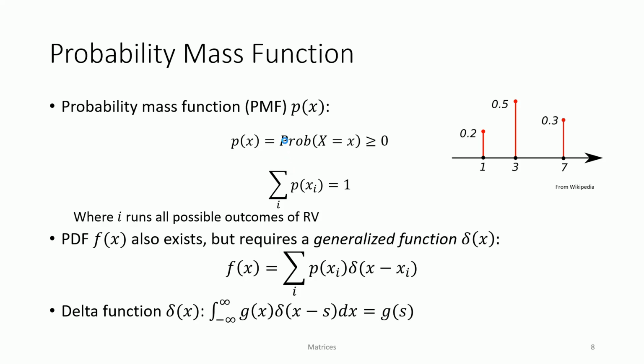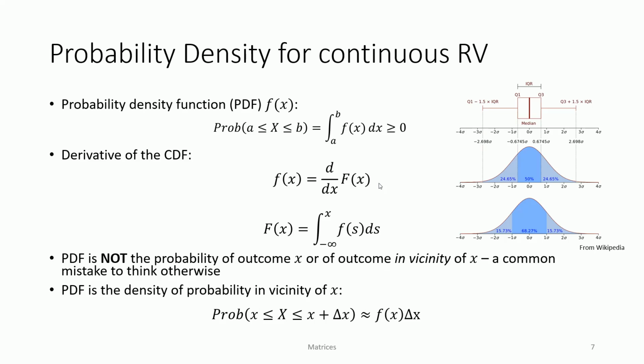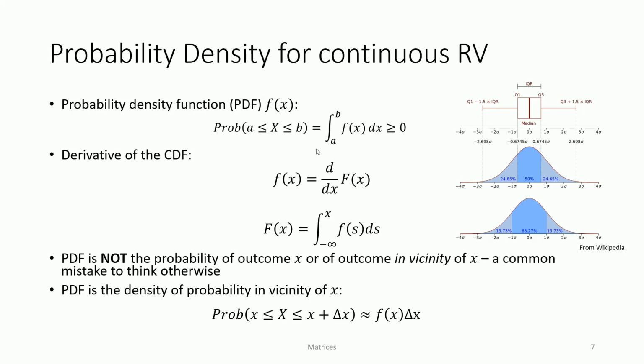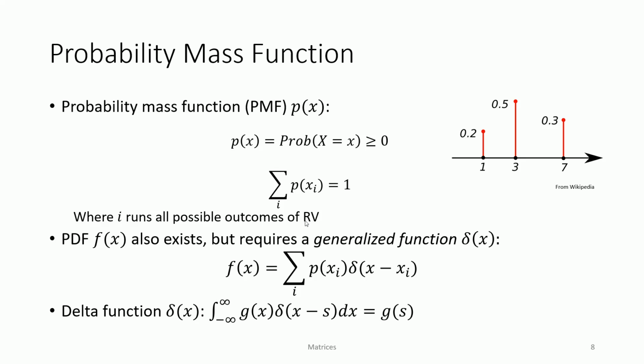So the probability mass function and the density too should be greater than or equal to 0, but they should add up to 1. When I say add up to 1, you have to run through all the outcomes of the random variable, in both PDF and PMF. These are not observations, these are possible outcomes.